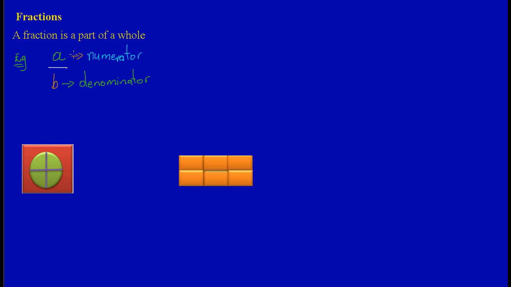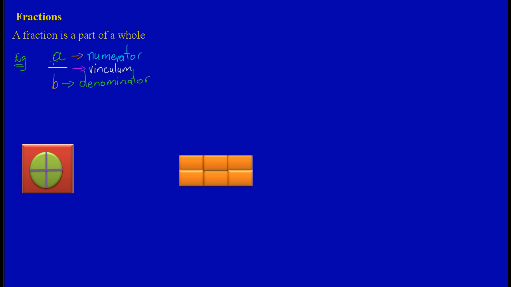Now, the a is always the number at the top and b is the number at the bottom. This line here that separates the denominator and the numerator is called the vinculum. Just giving you the names of each part when a fraction is written in this form.